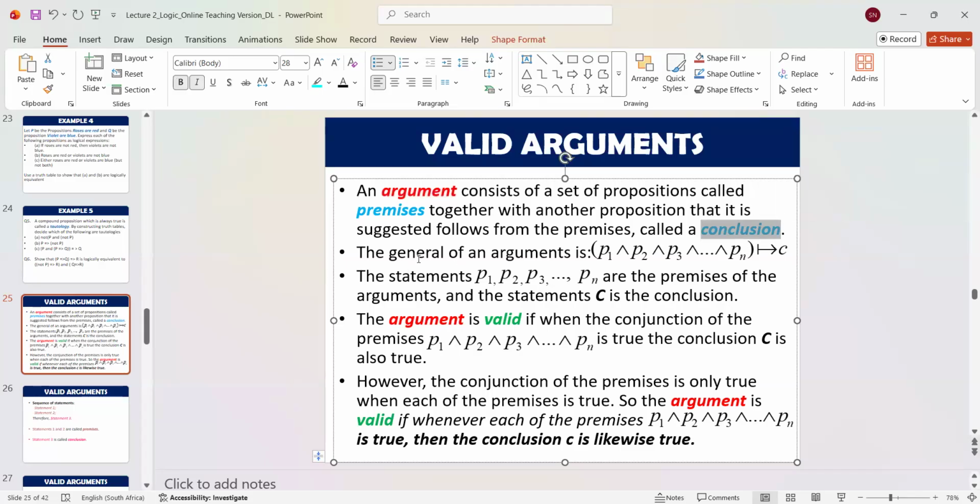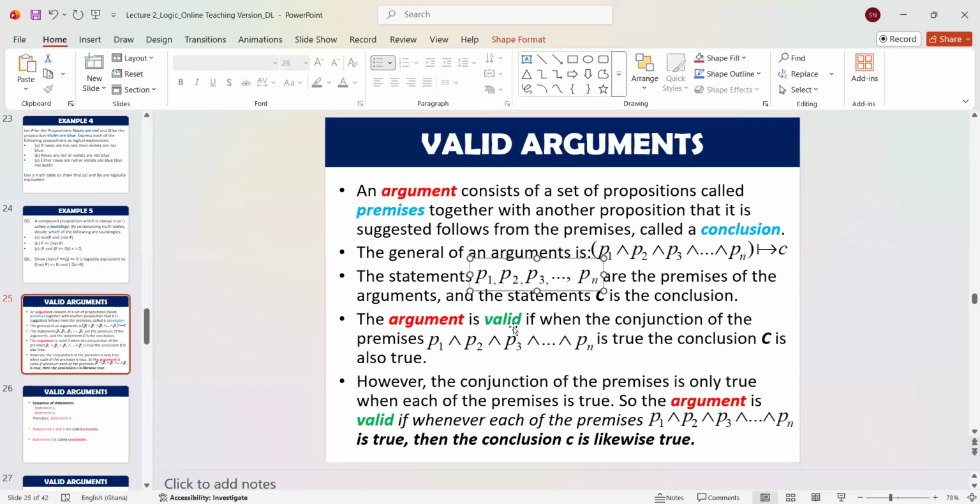What you are supposed to do is identify all the premises. If there are two premises, you call them P1, P2. If there are three, P1, P2, P3. If there are four, P1, P2, P3, P4, and so on. And the last one is always your conclusion.